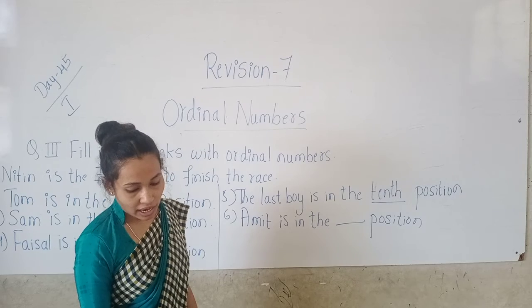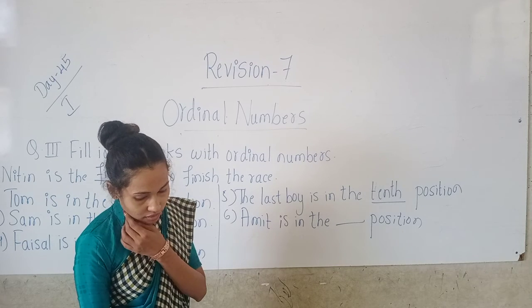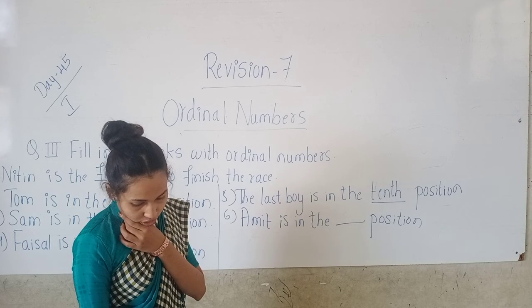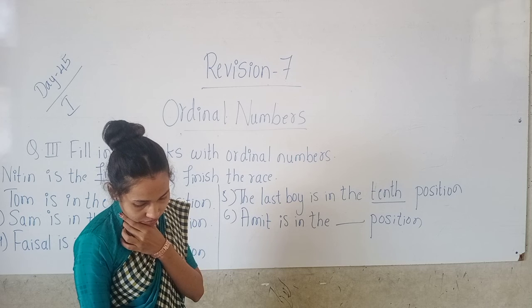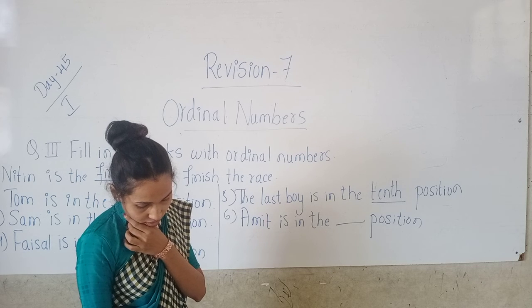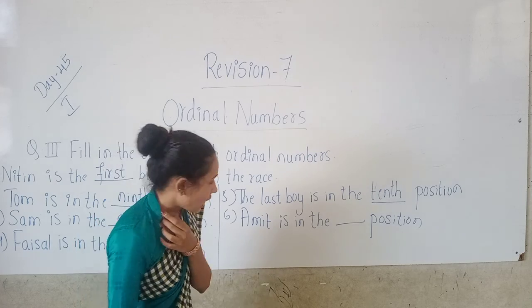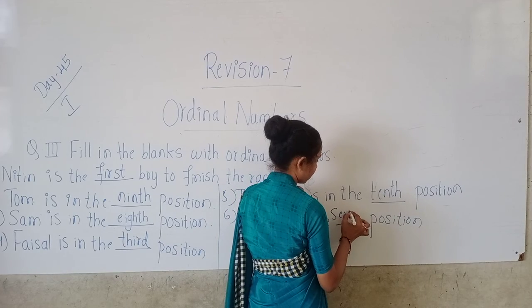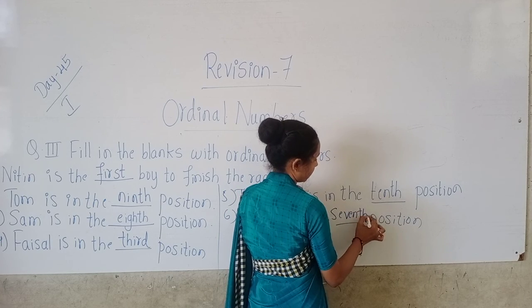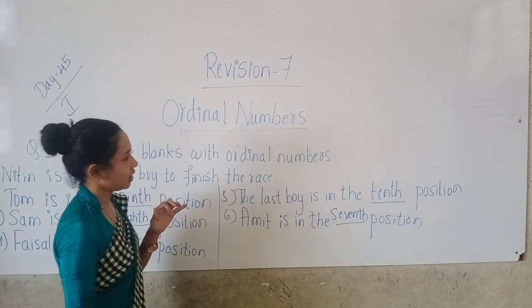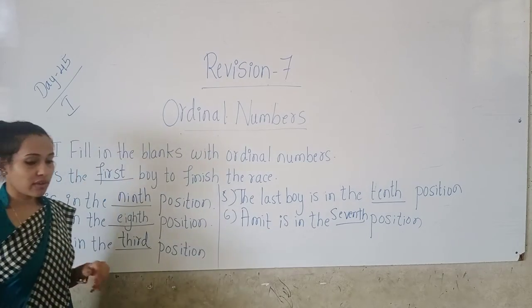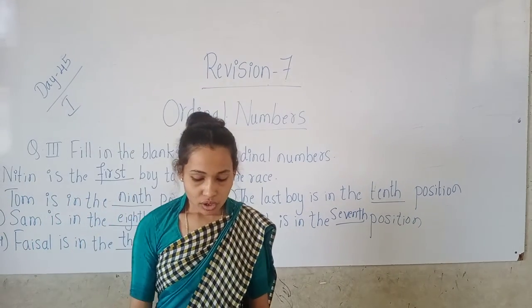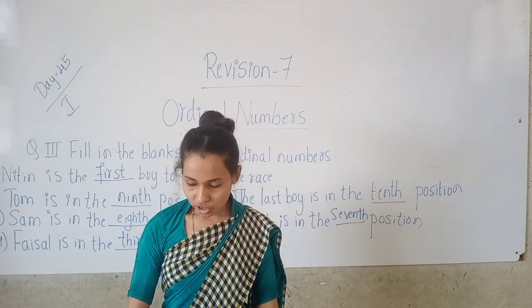He is standing behind Vinay. So what is the position of Amit? Seventh position. Okay. So these are the ordinal numbers. We are using ordinal numbers to show the position, children.